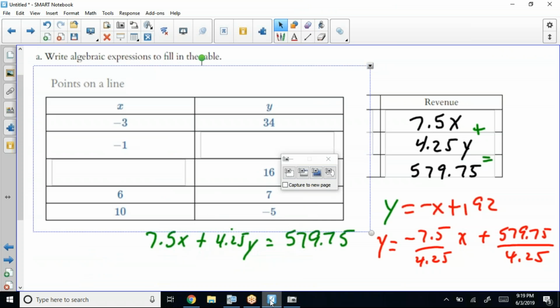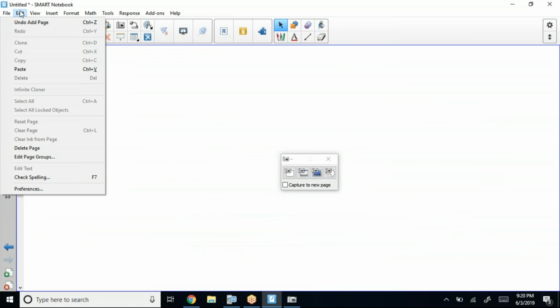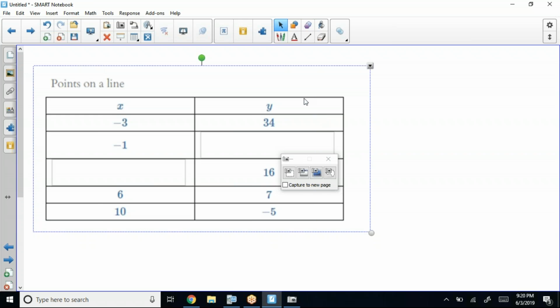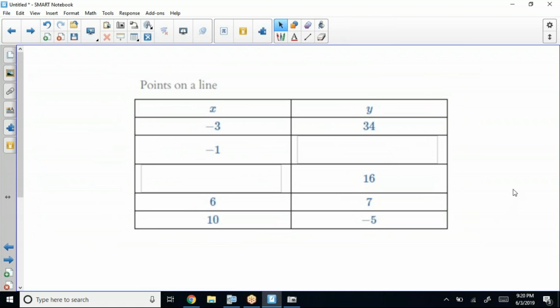You have to treat each one of them as an independent slope, right? I'm going to look at changing X over here and changing Y over there. You have to have two points in order to find slope, right?